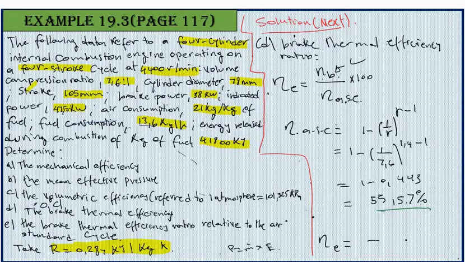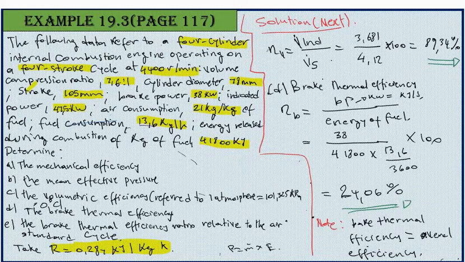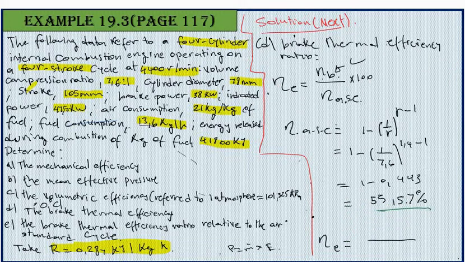So I need to get the brake thermal efficiency from the previous relation, which is 24.06.